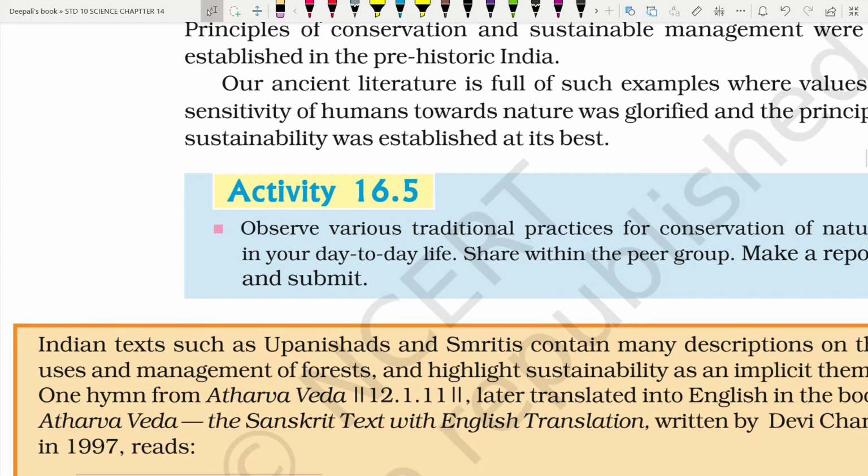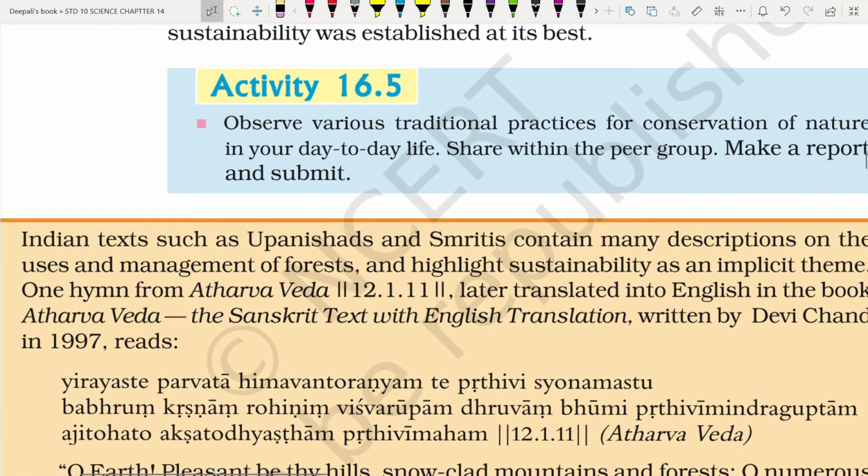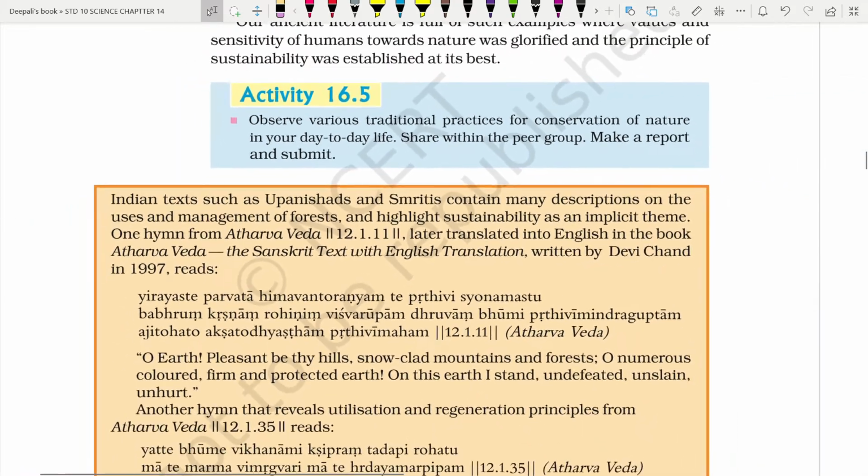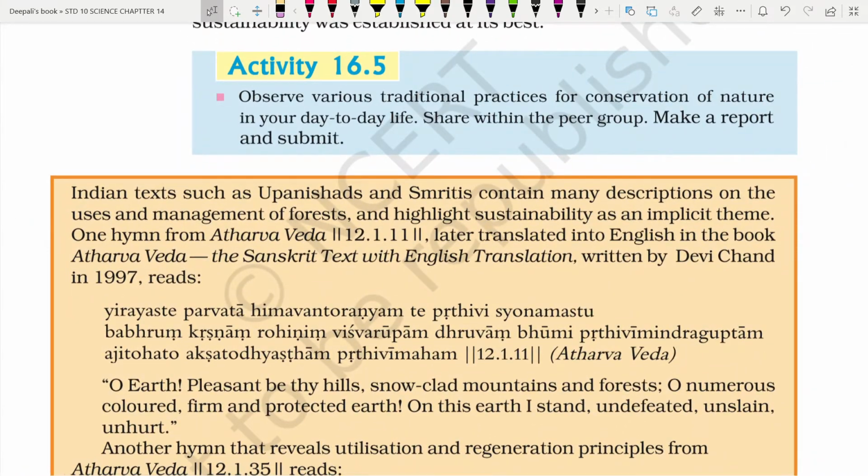Indian texts such as Upanishads and Smritis contain many descriptions on the uses and management of forest and highlight sustainability as an implicit theme.